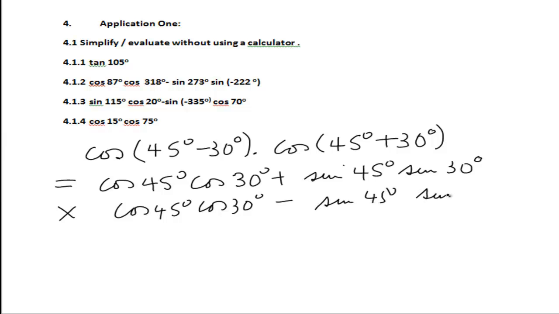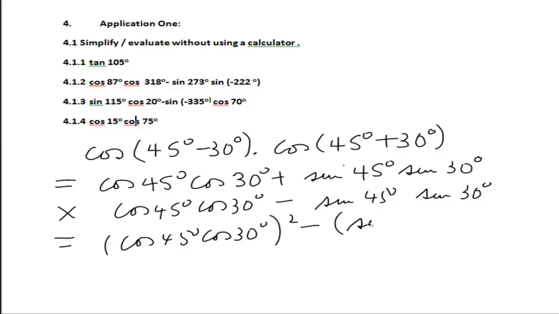If you look at the product of these two expressions, you will notice it's like a difference of two squares. So it will be cos 45 cos 30 all squared minus sine 45 sine 30 all squared.